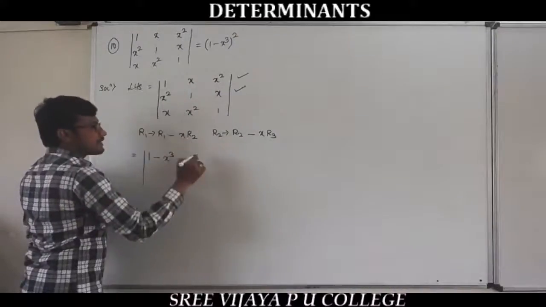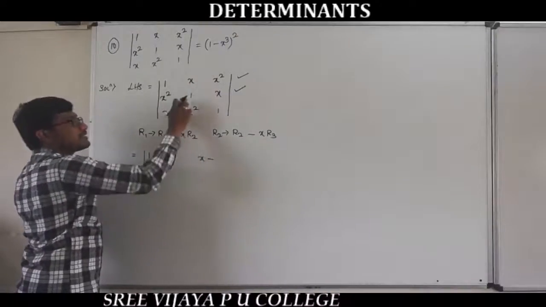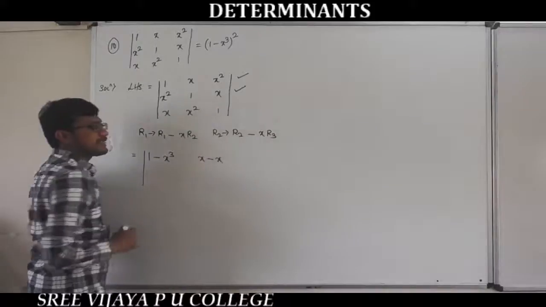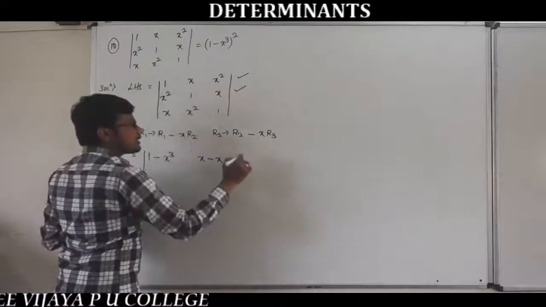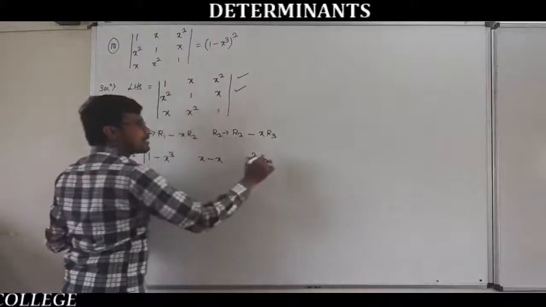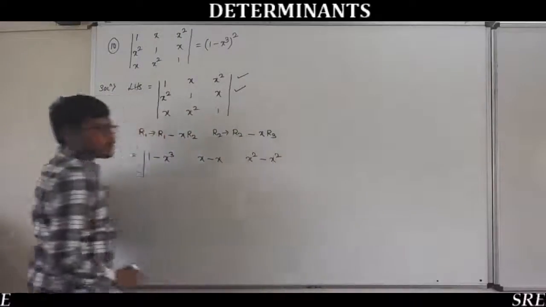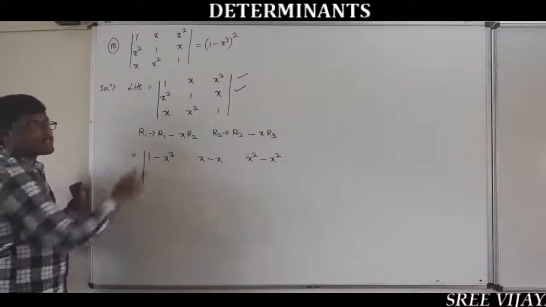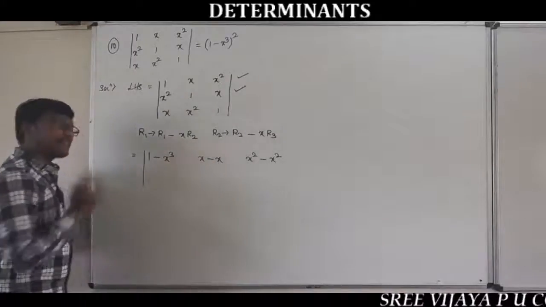Next R1 is x minus x into R2, x into 1 is x. Again R1 is x square minus x into R2, R2 is x, x into x is x square. This is R1 changes to R1 minus x R2.